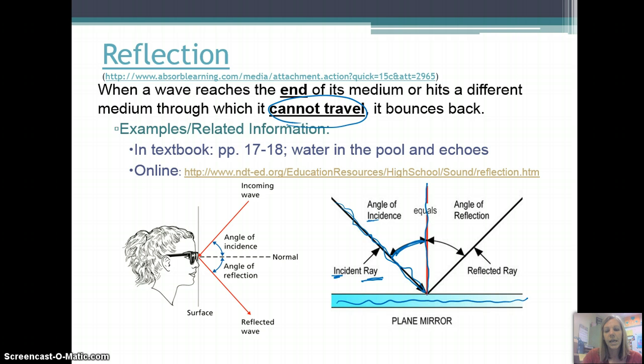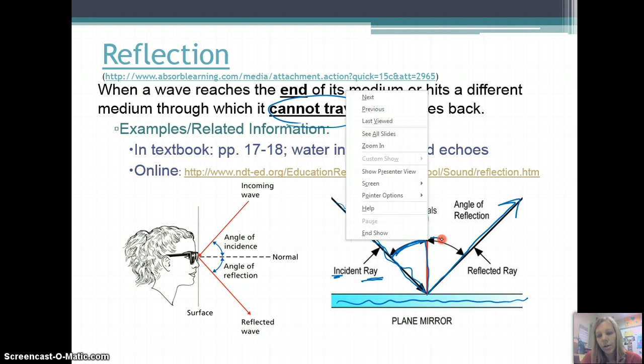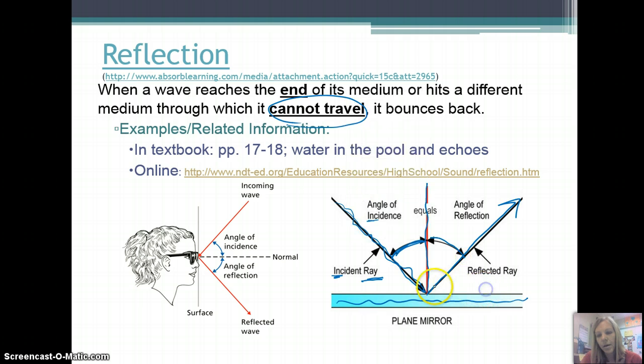Now, once that hits the medium, it will bounce off at the same angle that it came in. So if we measure again from the normal to the area where the reflected wave is traveling away from the barrier, then that would be your angle of reflection.